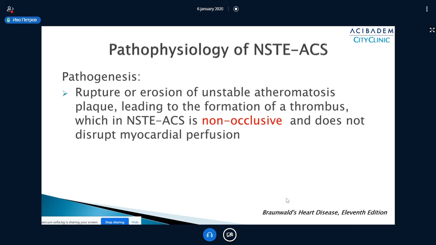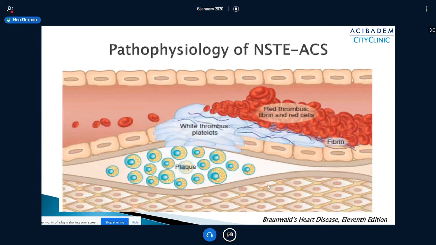So what is the pathophysiology of the non-ST elevation myocardial infarction and the unstable angina? This is the rupture or the erosion of an unstable atheromatous plaque. It's important to emphasize that this rupture and thrombosis can be caused not only by critical stenosis, but also by stenosis that up to that time was even less than 50%.